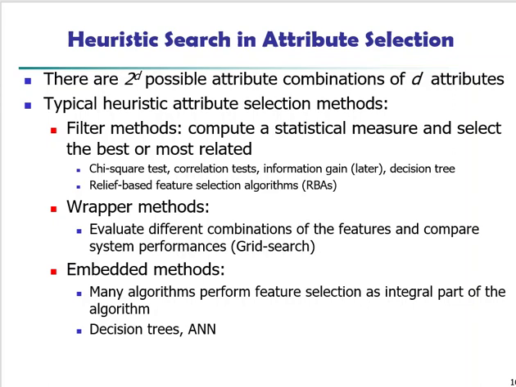Another general approach that falls into the filter method category is the relief-based feature selection algorithms. The basic idea in RBAs is to evaluate features or attributes one by one. For each attribute, we look at observations without this attribute, so we keep the attribute in question aside, and we use other attributes to find neighboring observations that are similar to each other and belong to the same class.